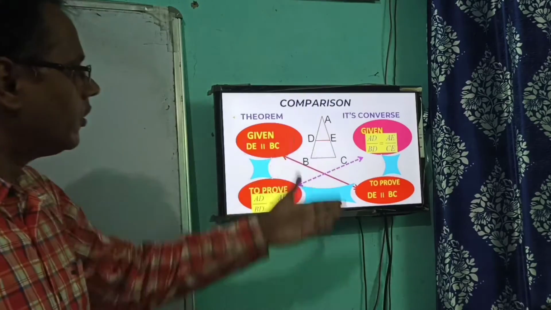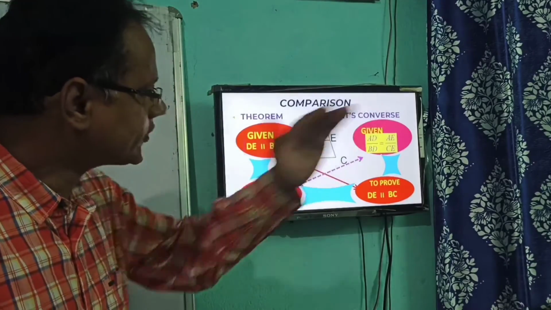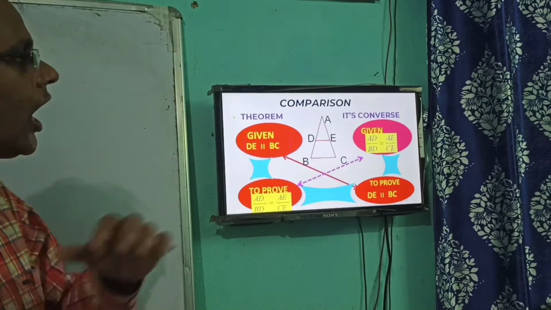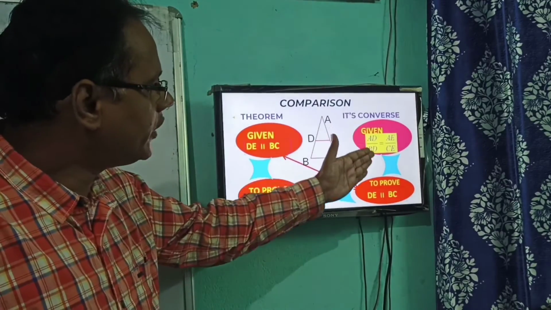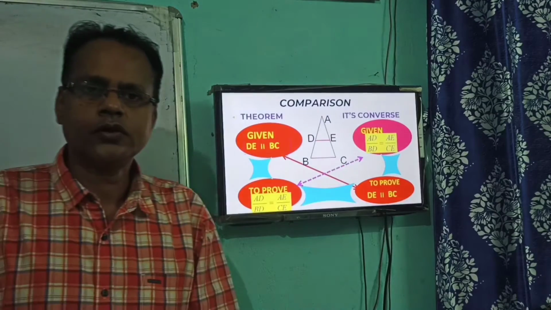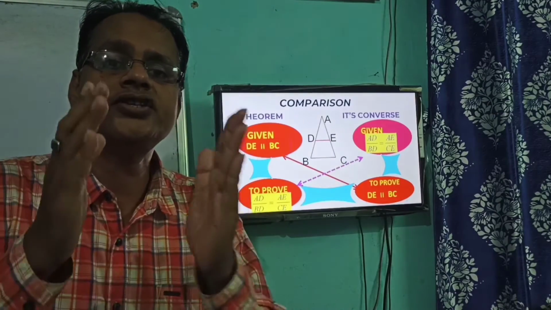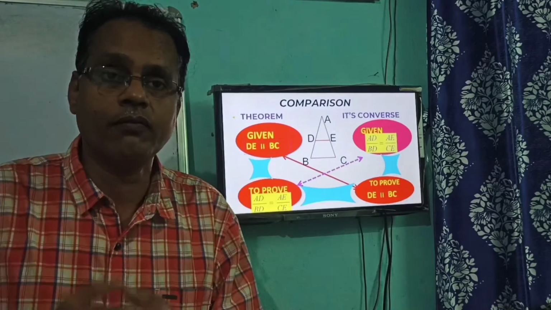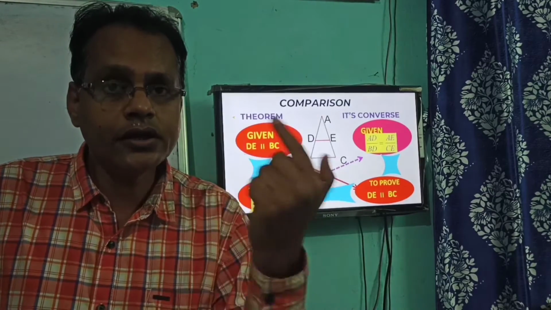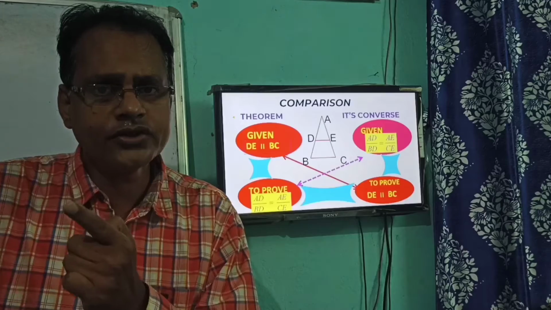You should be able to define the statement from this ratio only. See how you write this statement. It is given AD by BD is equal to AE by CE. Now the question arises, who makes this ratio the same? A line DE is making the ratio the same.